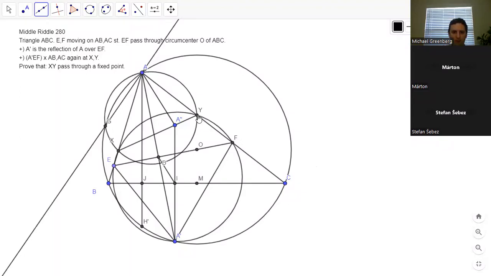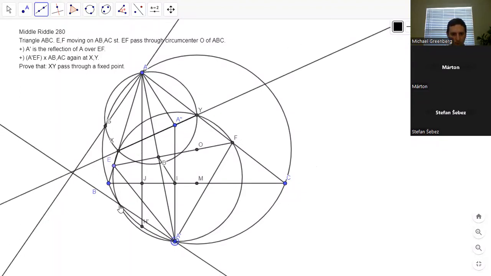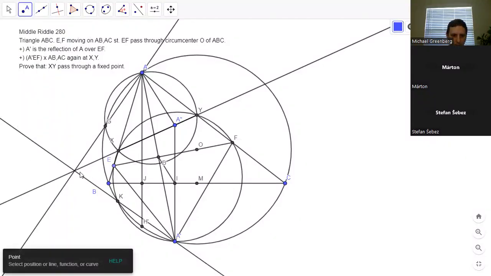So I know this point exists. I'm going to start out drawing it. Oh, and once we know that point exists.